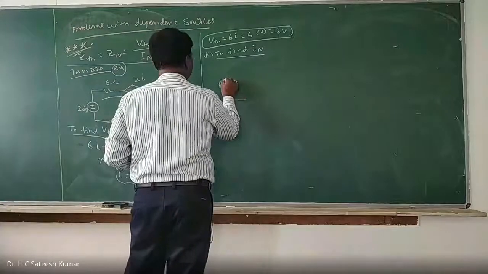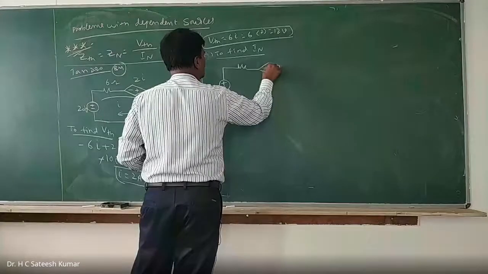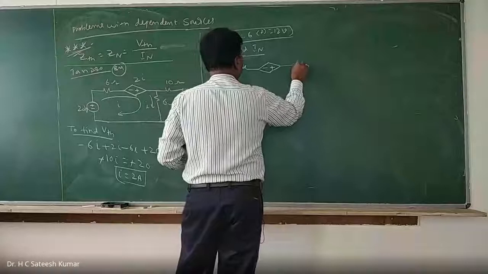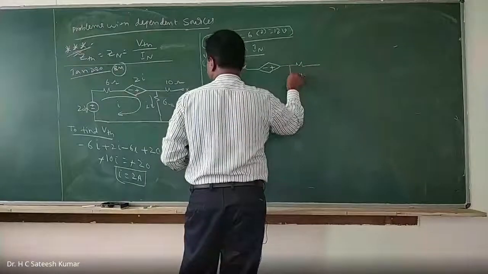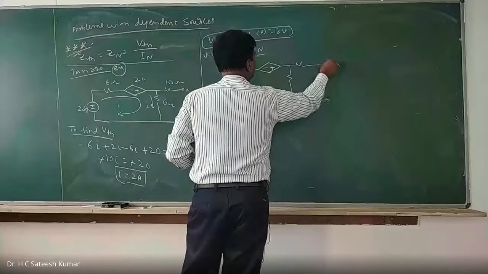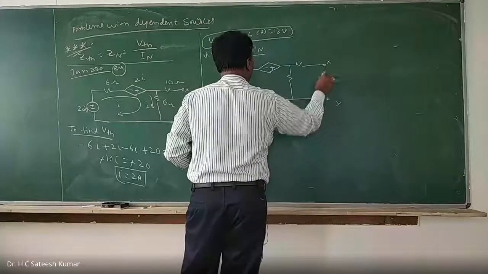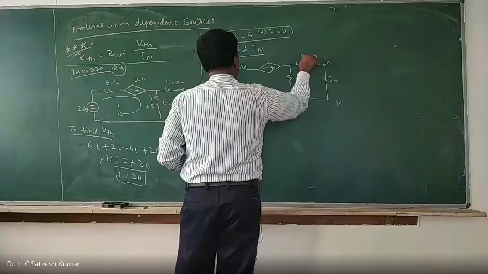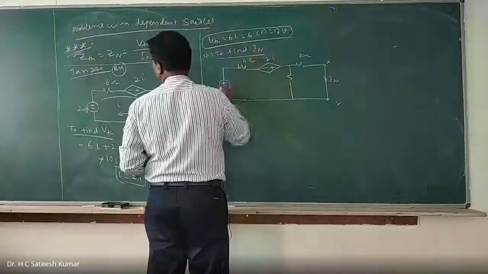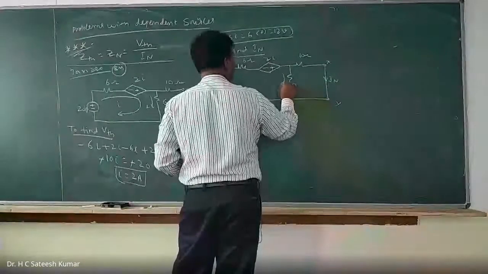Plus minus, there is a resistance, voltage source, plus minus plus, there is a resistance, and here X, Y, this is your IN, 10 ohms, 2I, 6 ohms, 20 volts, and this is your I. Okay, right.